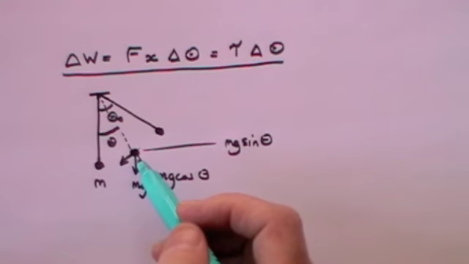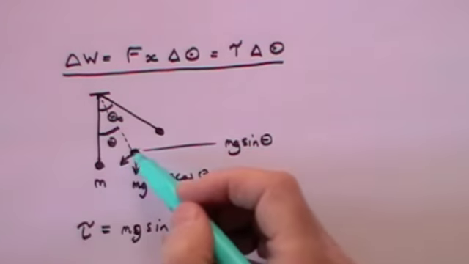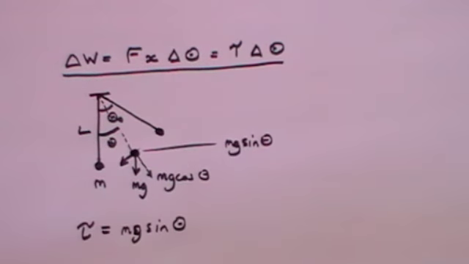And that is mg sine theta. So tau, the torque, is equal to the force, which is mg sine theta, times the distance, which of course is the length of this rod, which I'm going to call L.